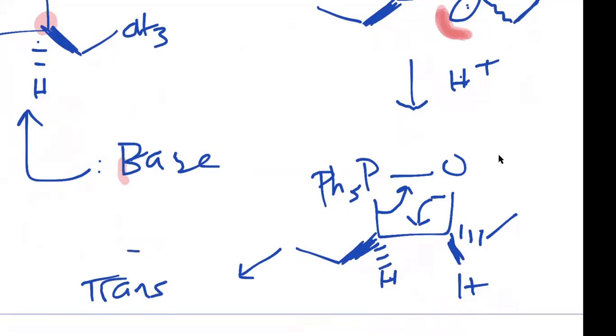So that Schlosser modification really changed the game. It changed the game as it relates to being able to control the stereoselectivity of a Wittig reaction, right? Because if you need a trans alkene, you can just do the Schlosser modification to get it, no matter what type of ylide you start out with, right?